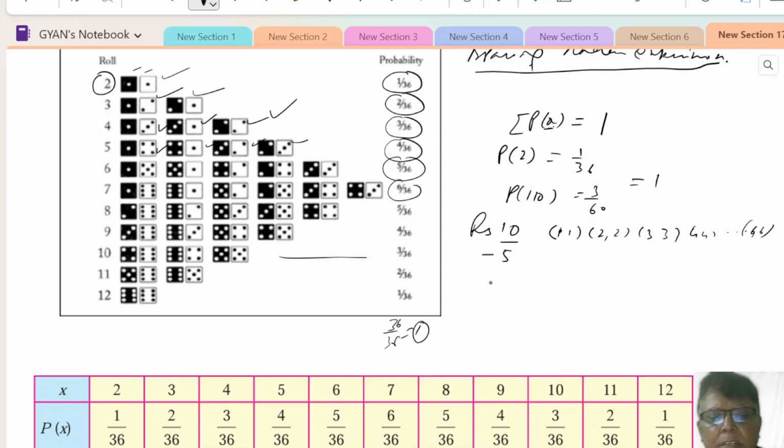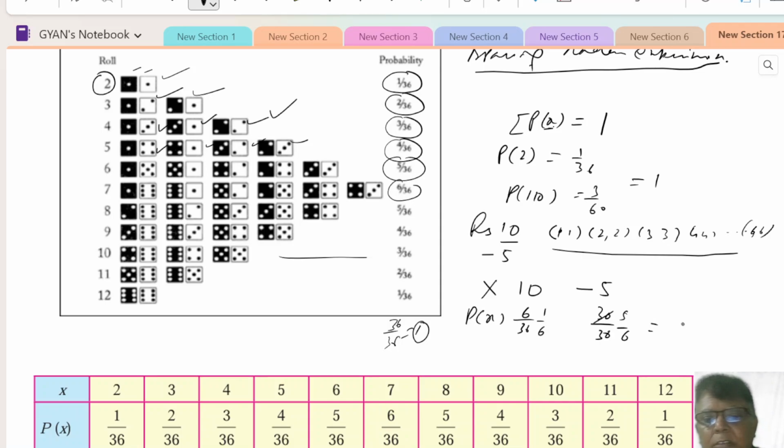So what will the random variable be? The random variable is 10 and minus 5. What is the probability? These are all 6, so 6 by 36, that means 1 by 6. And the remaining 30 by 36, that is 5 by 6. Add it, it will be 1. So this is the random variable, and this is the probability of that random variable.